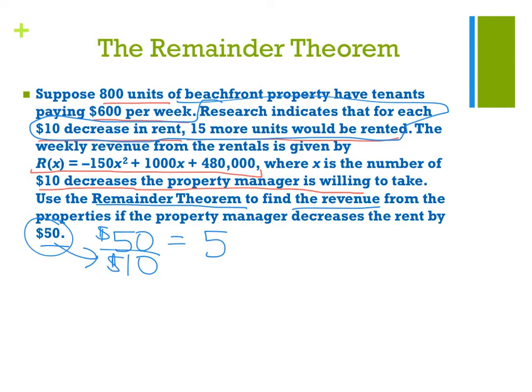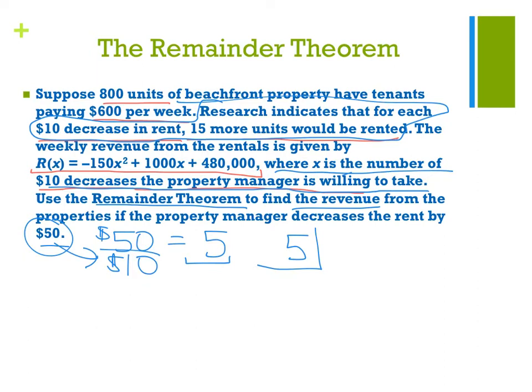So we are going to use that 5 as our divisor, because x is the number of $10 decreases the property manager is willing to take. Remember, if we're decreasing rent by $50, that's 5 $10 decreases.